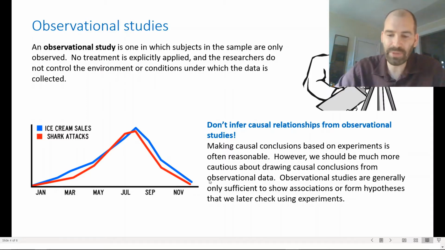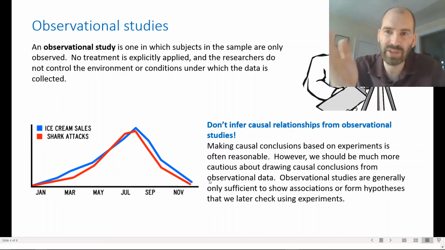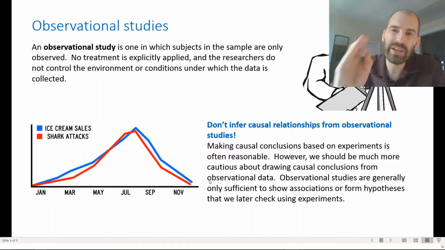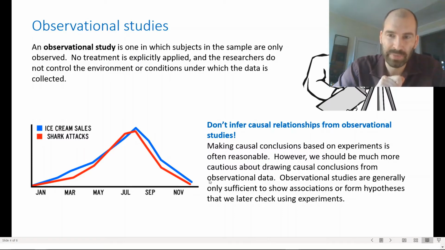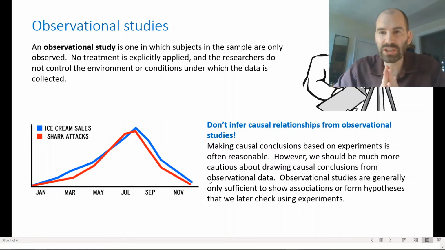Okay, so this is something you have to be very careful about with observational studies. It's very hard to rule out these lurking variables. And it's also a reason why you shouldn't trust observational studies very much. If you get information about some new fact, always question what kind of study it was from.